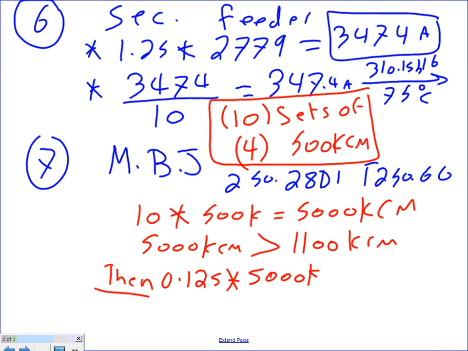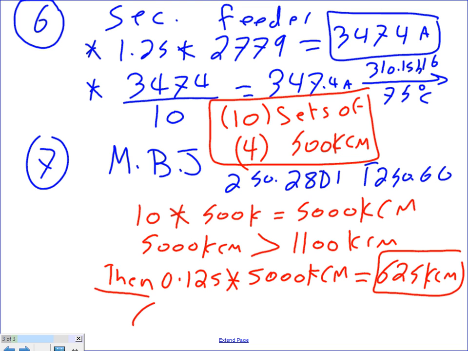Then you take 12.5% of the total, and that will give me, Chris, I will depend on you for that one. What's 12.5%? 625. That's 6, 2, and 5 kcmil. 625 kcmil.